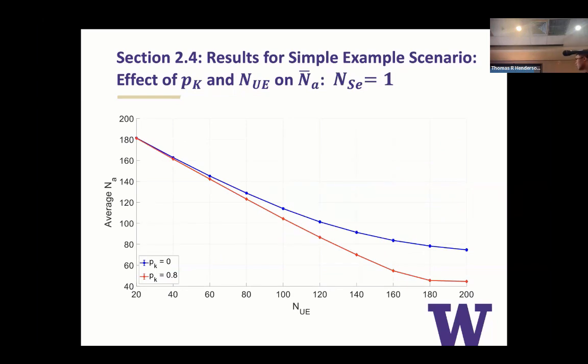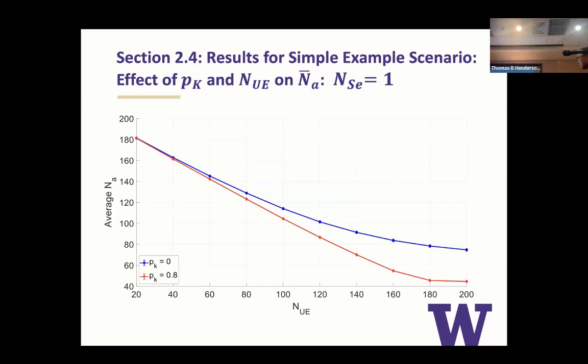Well, this slide shows the impact of PK on NA. The average NA is the number of available PRBs in the selection window. As I mentioned before, the number of available PRBs is the total number of PRBs minus the number of occupied PRBs.